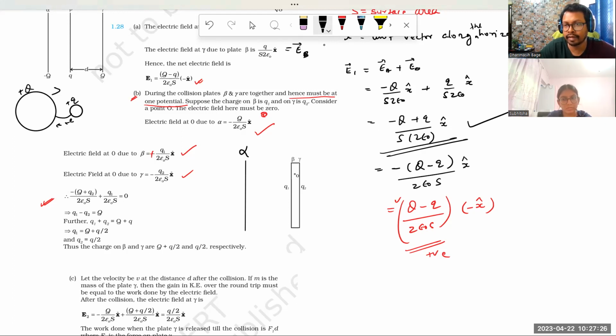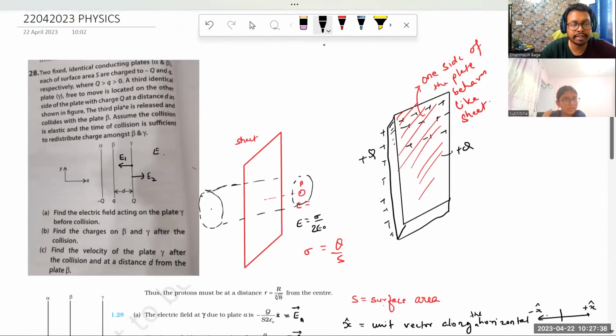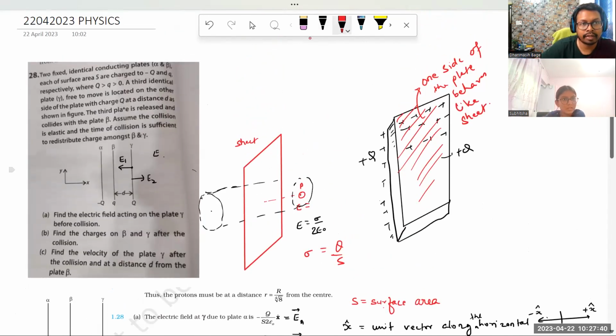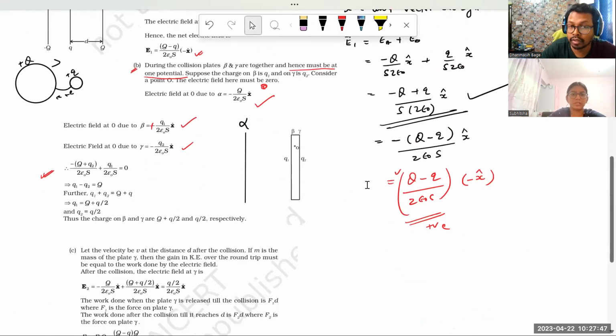I think I've told you, right? The shielding effect. It has already been said that they are conducting plates. So the field due to alpha will be zero, right?